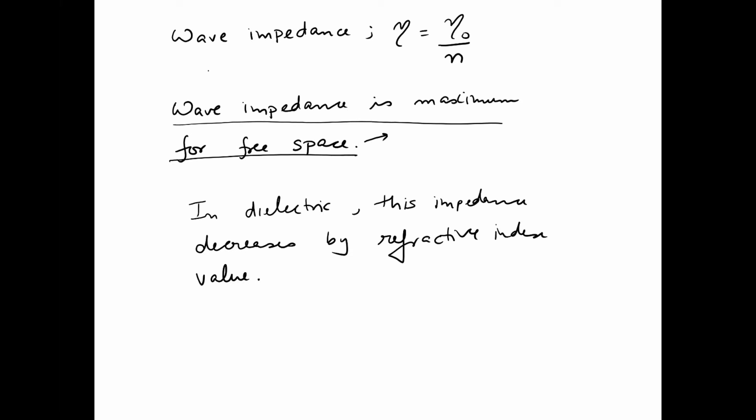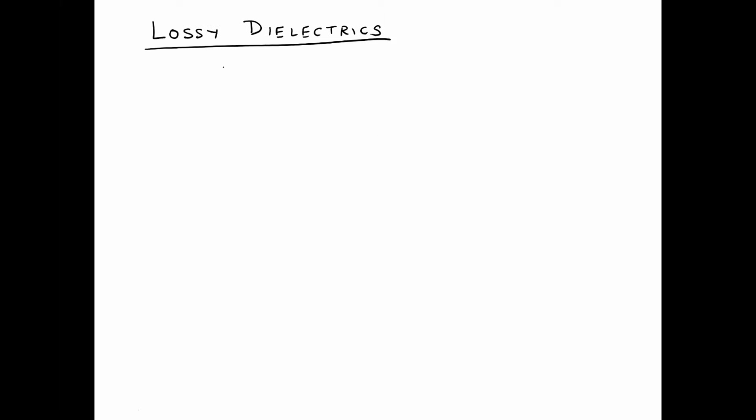We have said that epsilon is not real, but also has an imaginary part, and mu can also have an imaginary part. So epsilon is not just purely real, but there is an imaginary component to it too.